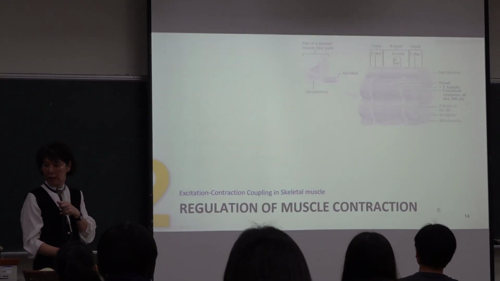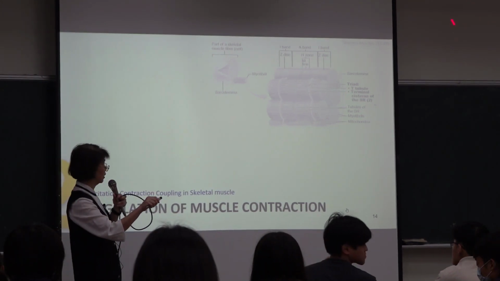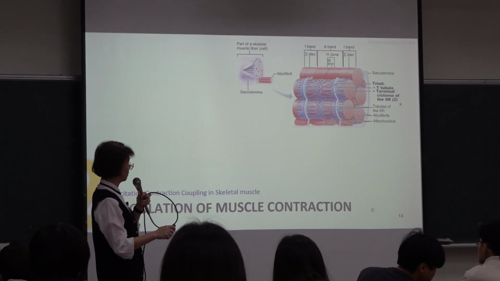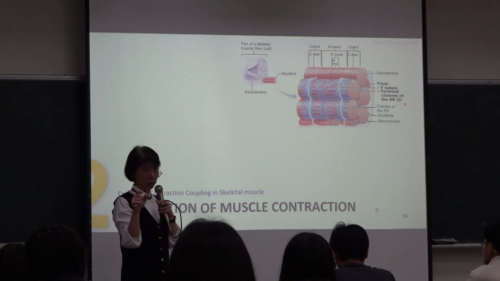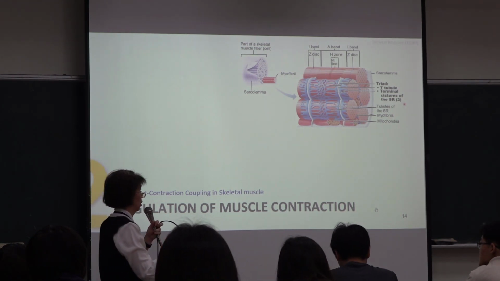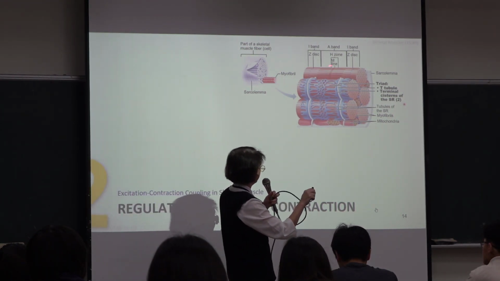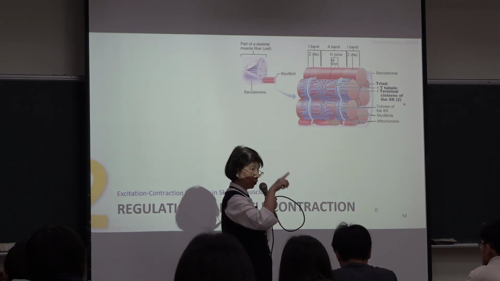So let's do a little bit of review. We have seen this diagram before, right? We said the skeletal muscle has their cell membrane fused together. So outside the fiber, there's a sarcolemma, which is the cell membrane, all right?